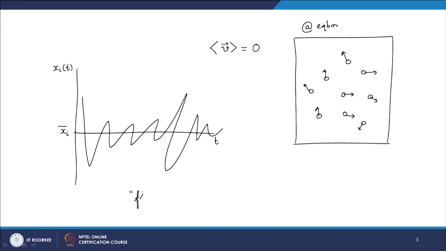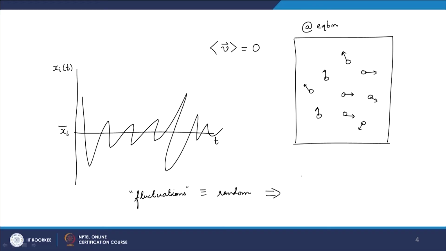But I want to note again here that the fluctuations are not random, although you will see that I will use a random function to characterize the fluctuation purely for mathematical reasons. Fluctuations are not random, they are simply a result of the fact that molecules have different velocities at different times because of the frequent collisions they have with other molecules in the system.